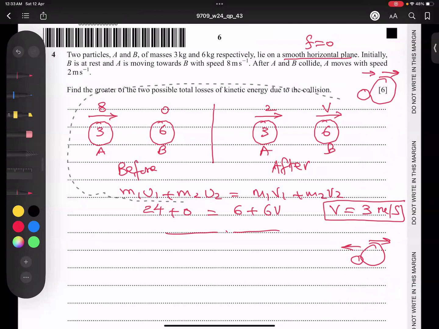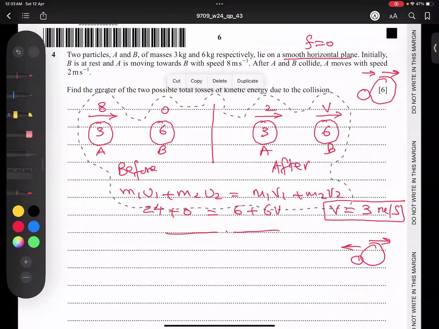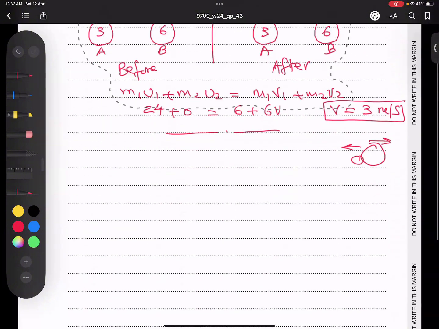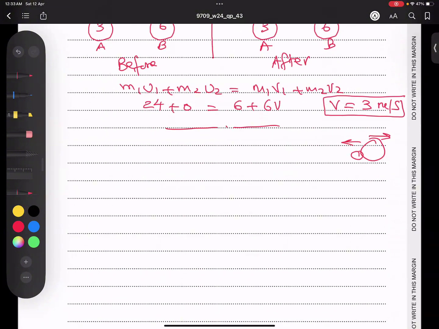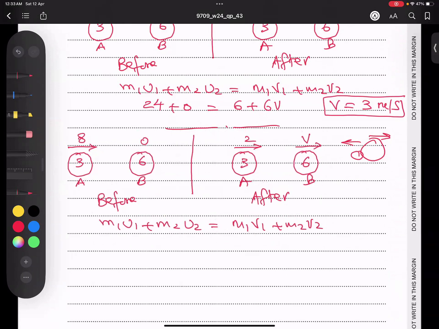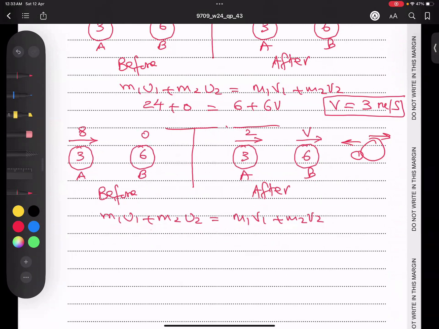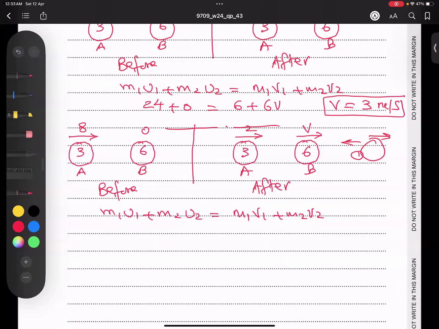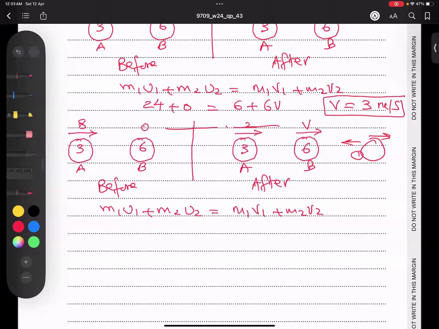I'll copy the whole thing up to here and paste it. For situation number 2, only one thing changes: this arrow is reversed. A bounces back, and everything else is the same.